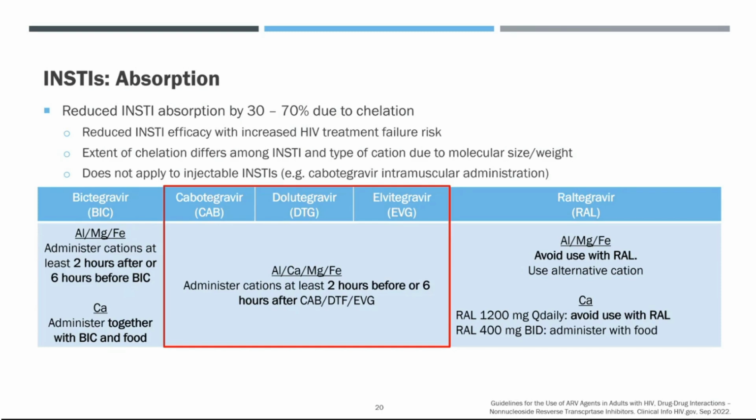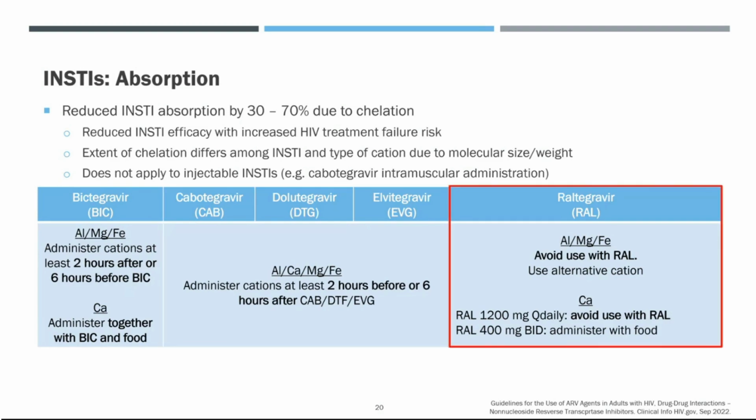For cabotegravir, dolutegravir, and elvitegravir, if the patient is taking a metal cation, the INSTI needs to be administered at least 2 hours before or 6 hours after. But the biggest exception is raltegravir. Aluminum, magnesium, and ferrous sulfate should be avoided with raltegravir.